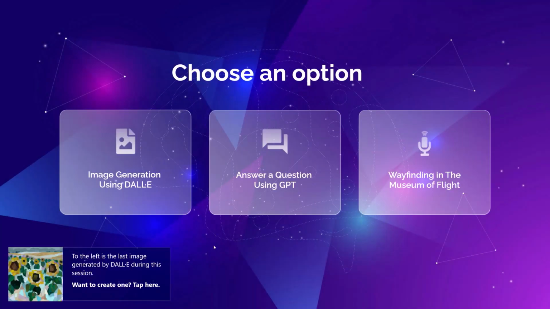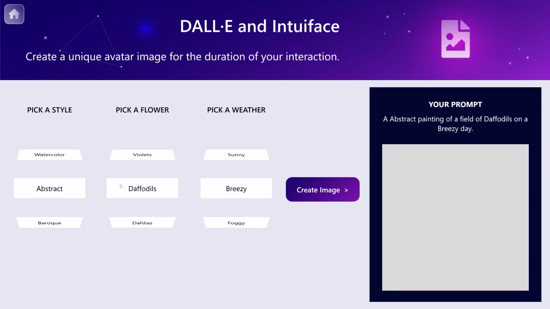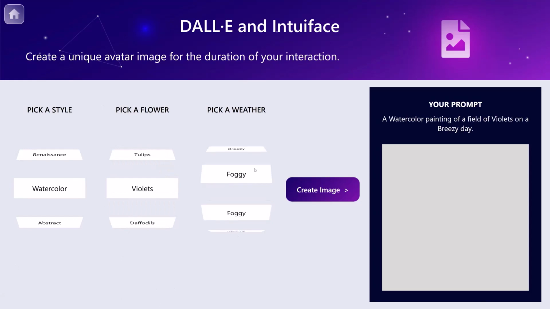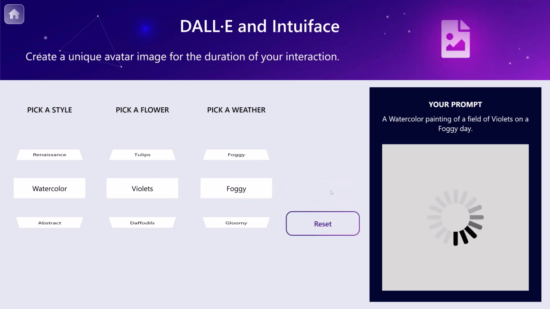Let's demonstrate. There are 3 use cases in this experience. We'll start with image generation. This is just an example of our ability to submit a prompt and to process the prompt from an OpenAI generative model. What we're doing here is essentially building a prompt. So watercolor, violets, foggy. If you look on the right, Intuiface has taken these selections and built a prompt: a watercolor painting of a field of violets on a foggy day.